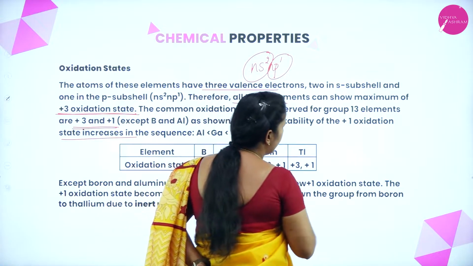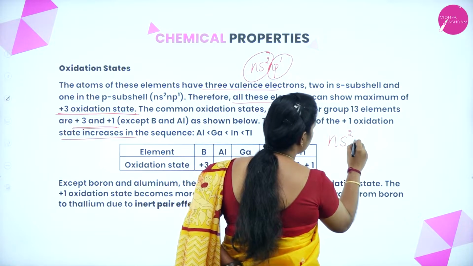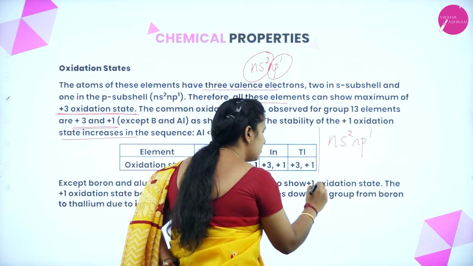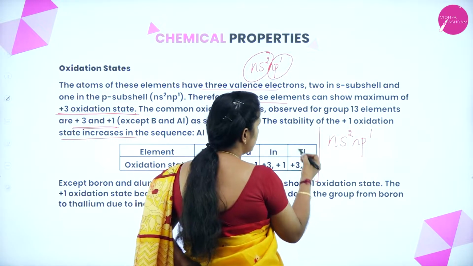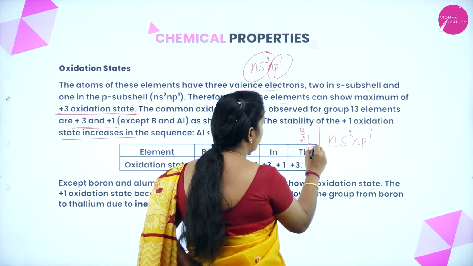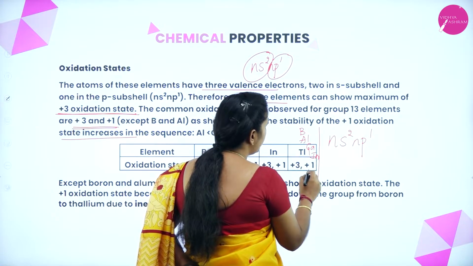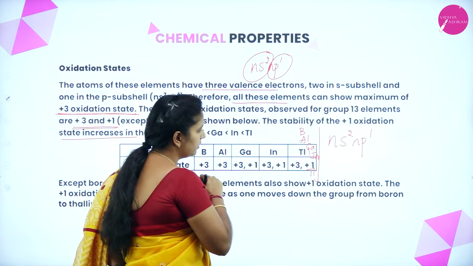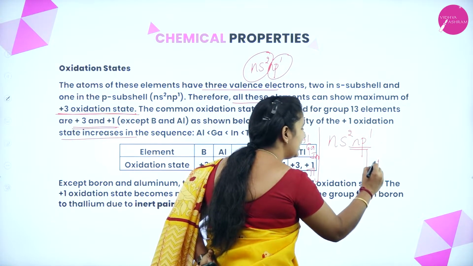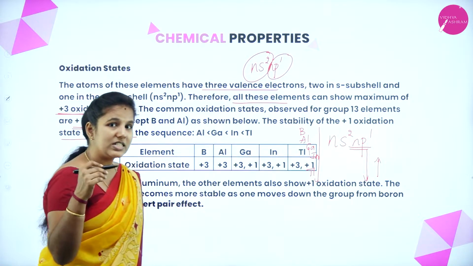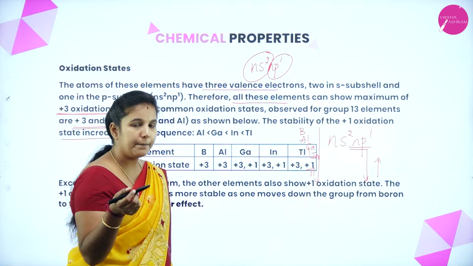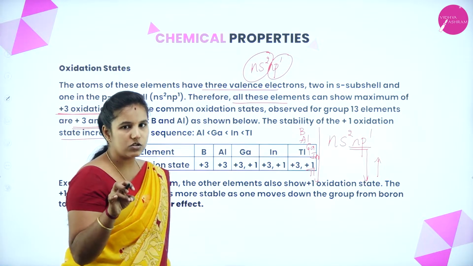So, the general outermost electronic configuration is ns2np1. But as we move down the group, that is from the first element boron, next aluminium, then gallium, indium as well as thallium, the stability of the +1 oxidation state increases. Why does the +1 oxidation state stability increase? Because as we move down the group, the atomic number also increases.